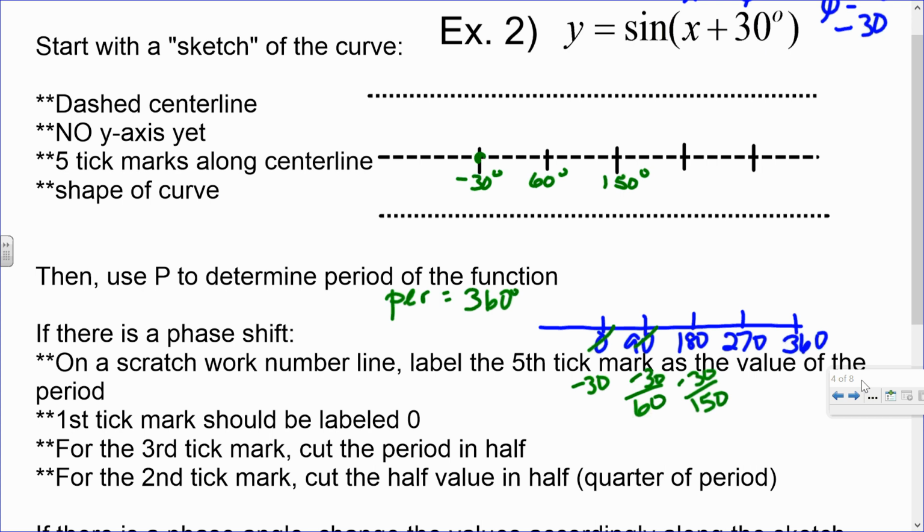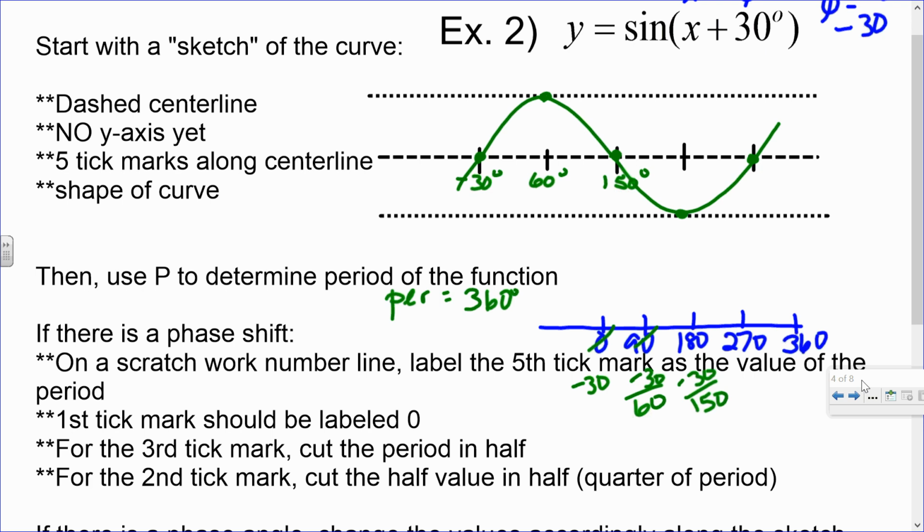So center line increasing since it's a plus sign again. So there's my curve so far. Now, I can keep doing 270 minus 30, 360 minus 30, and that's totally fine and okay.